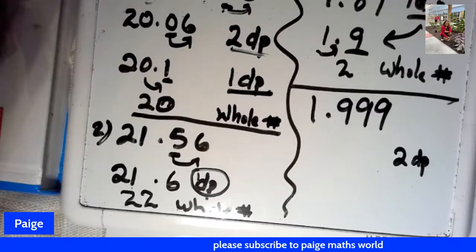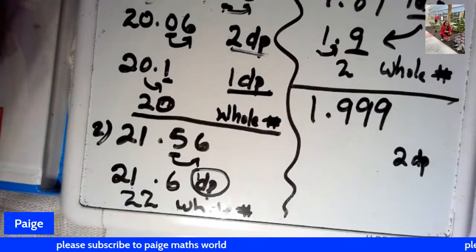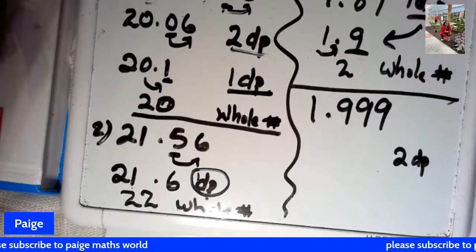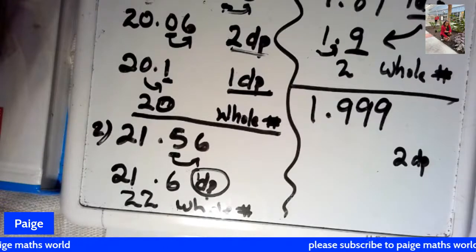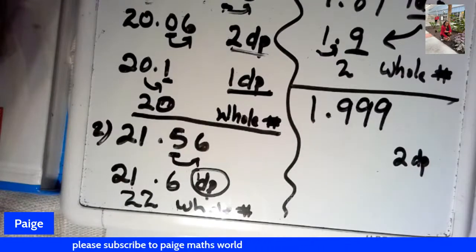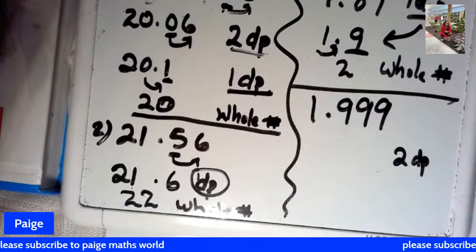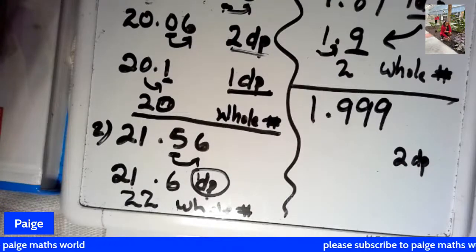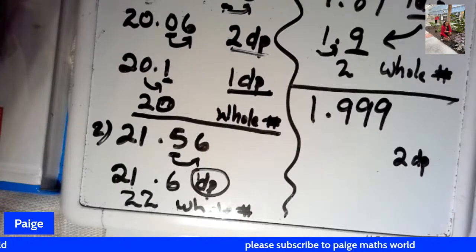All right, I see Empress with her answer. Yeah, I see Nika with her answer. I see Jay and I see Raymond.